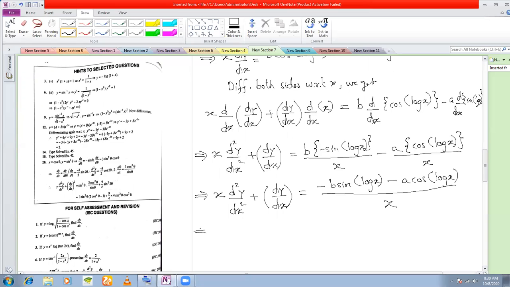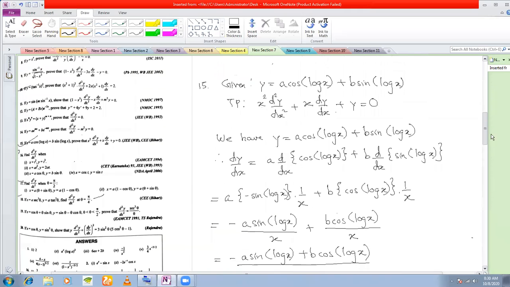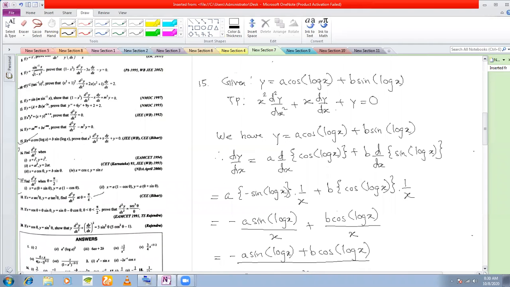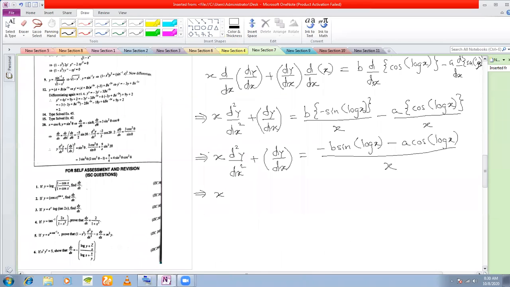In the next step, you will write the left hand side as it is. You see here, what do you have to prove? You've already got on the left hand side an x d2y dx2. You write the left hand side as it is. Now what you do here, on the right hand side, in the numerator, you take minus common.